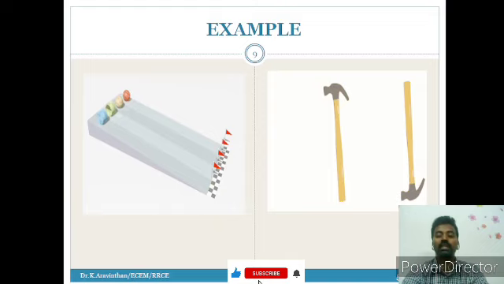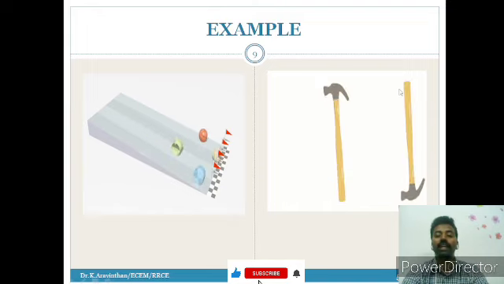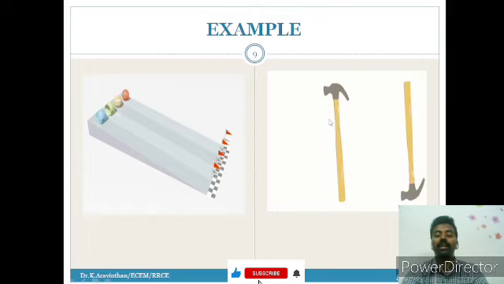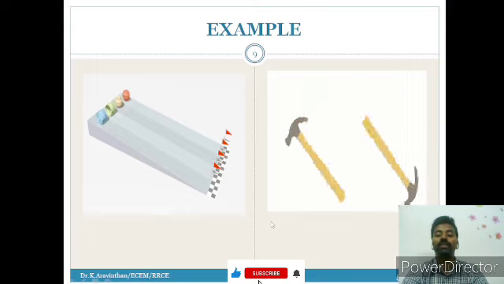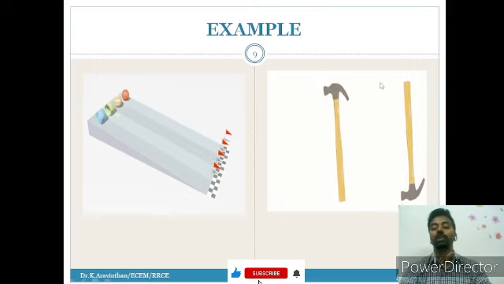And this is a second example. You can see that this is a hammer. If you drop the hammer from the head, and in the second case you drop the hammer from the tail, you can note that the head part drops quickly compared with the tail part. In the tail part, the mass is not high.